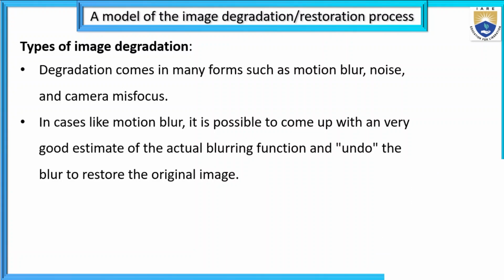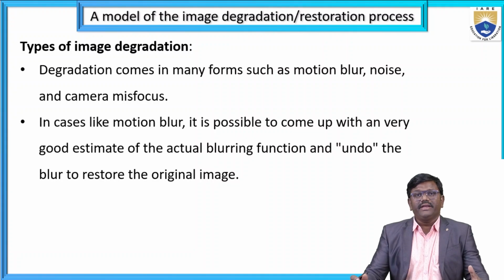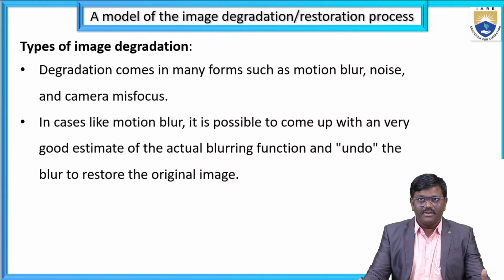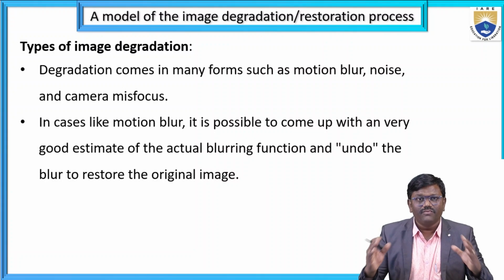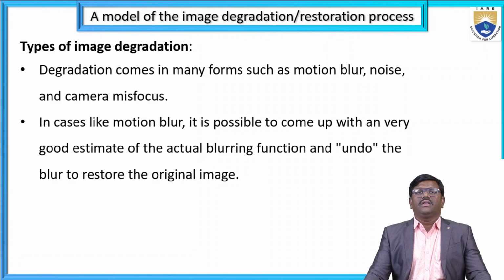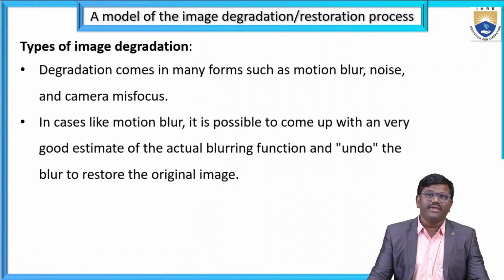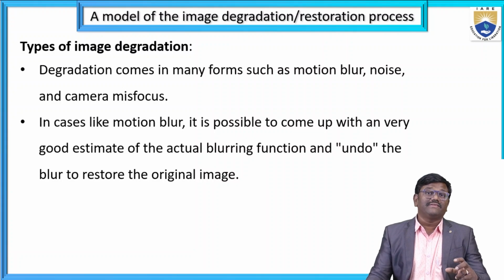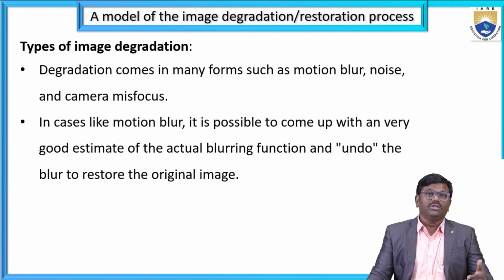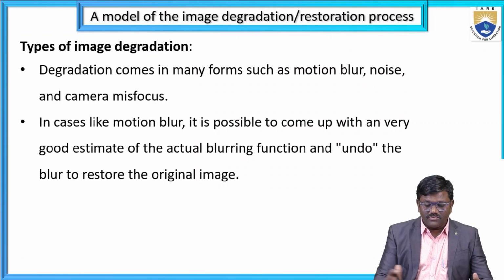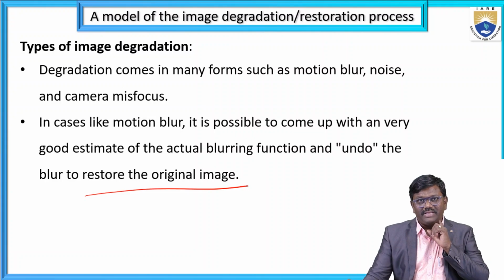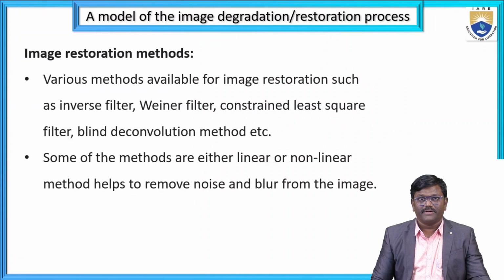Degradation comes in many forms such as motion blur, noise and camera misfocus. In a case like motion blur, it is possible to come up with a very good estimate of the actual blurring function and undo the blur to restore the original image. So that is what we have to understand from here.